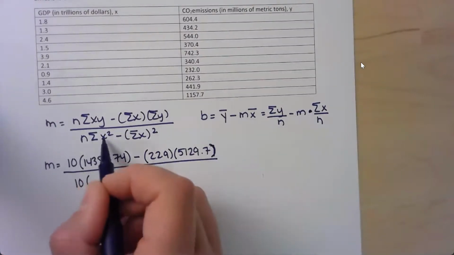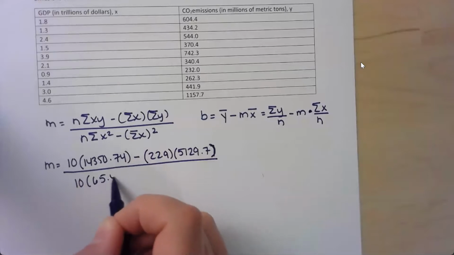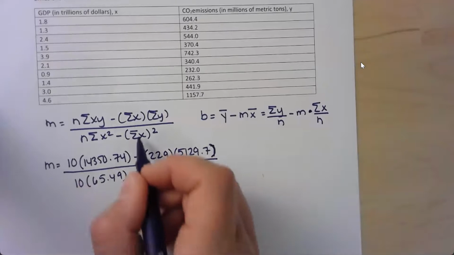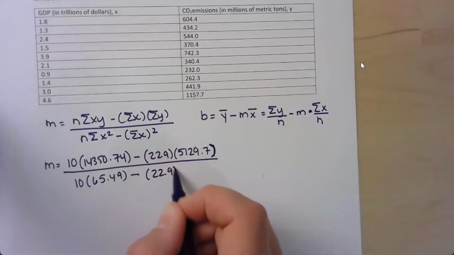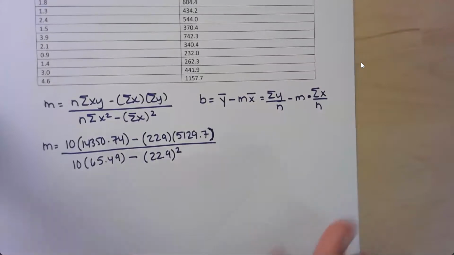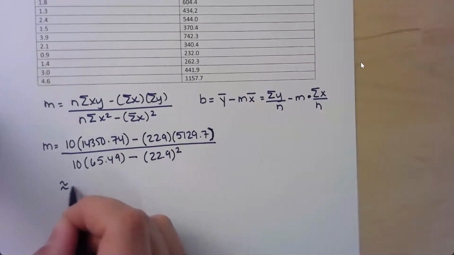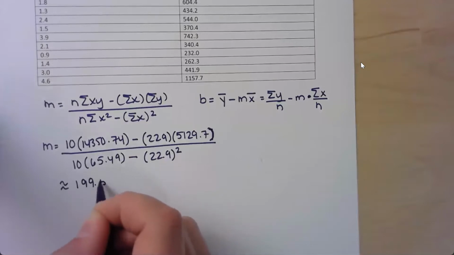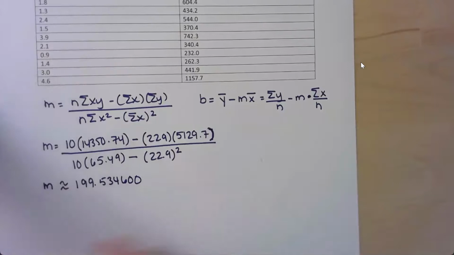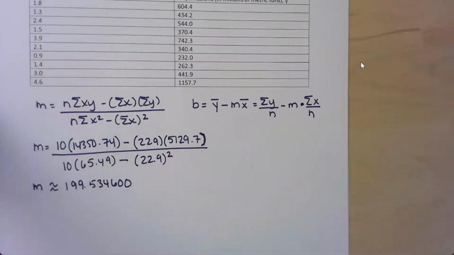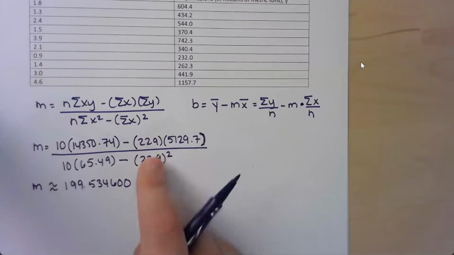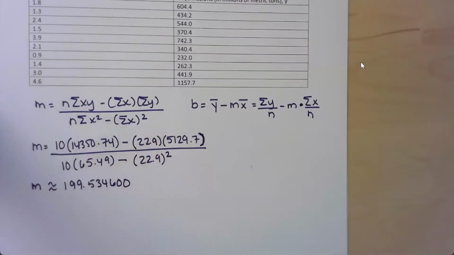My sum of my x squares was 65.49, and then minus the sum of the x's, 22.9, and then that value gets squared afterwards. And what you get here is about 199.534600. And again, you can try that calculation at home. And it's just taking your time. So you're just multiplying, subtracting, don't forget to square here, and just really taking your time cleaning that all up.